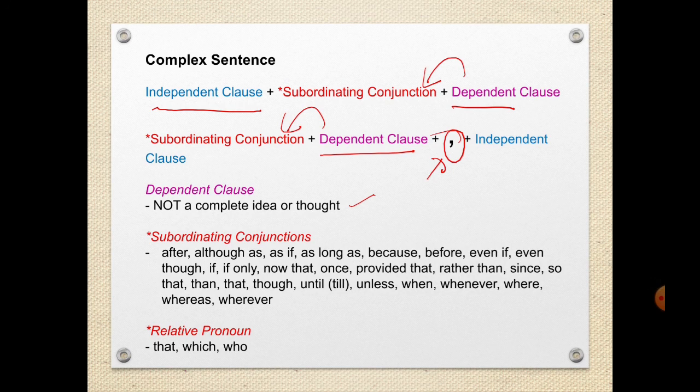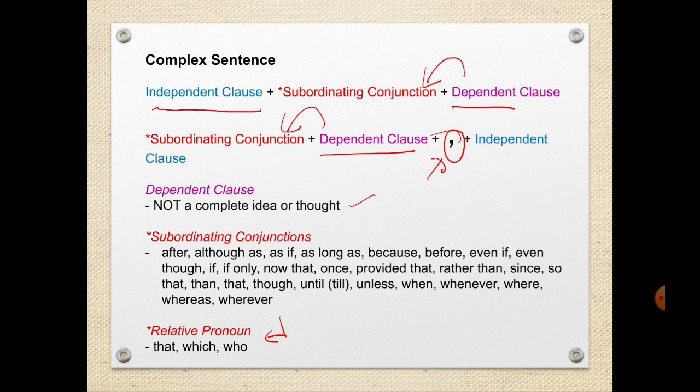Now if you notice the last one, I put relative pronoun: that, which, who. Although in the formula I only put subordinating conjunction, there are times that you can actually use a relative pronoun to combine two clauses, a dependent and independent clause.